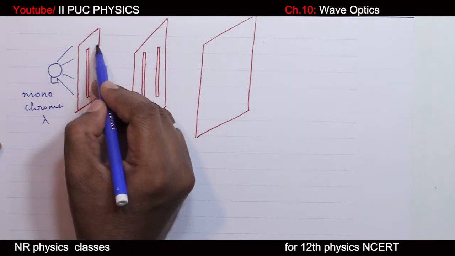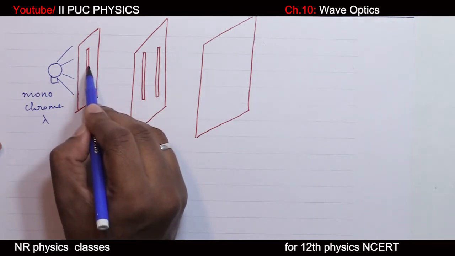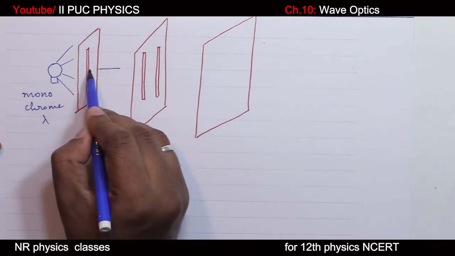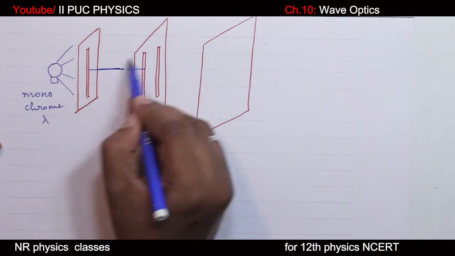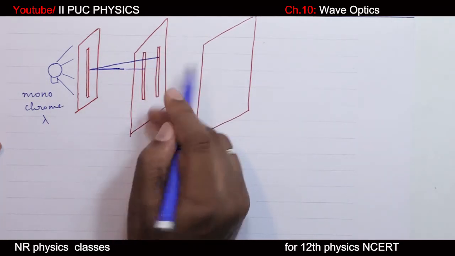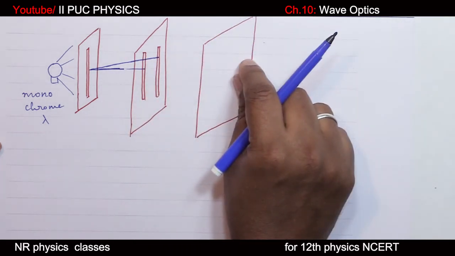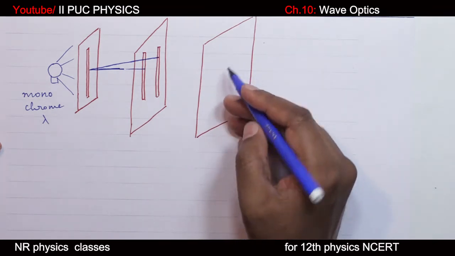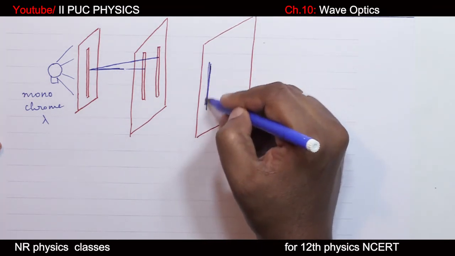But since there is a cardboard with a narrow slit, light emerges in this small region. This light falls on the second cardboard with two slits, and only that portion of light which can pass through these two slits can escape. And on the screen, surprisingly, what we see is alternate bright and dark bands like this.